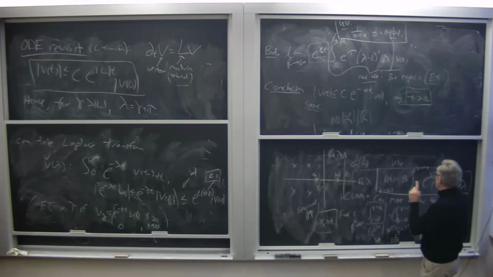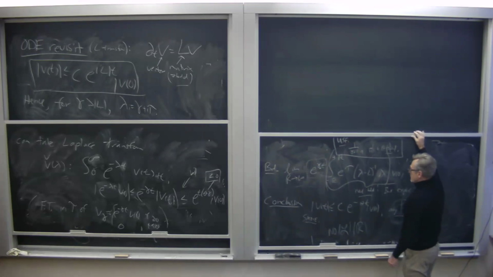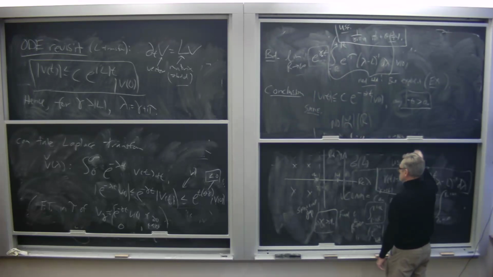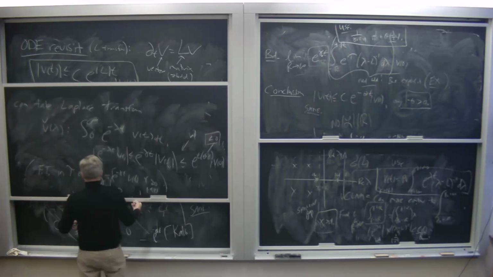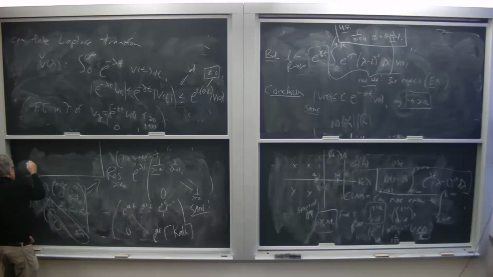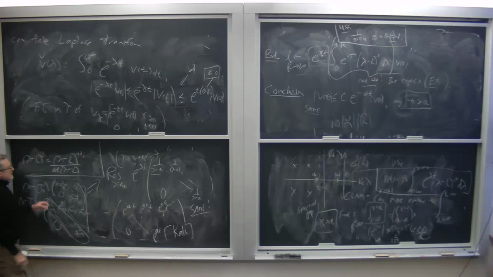I'm going back to the explicit formula for the resolvent. Lambda minus L inverse is the adjugate matrix, meaning the transpose of the matrix of cofactors, divided by the determinant of lambda minus L.